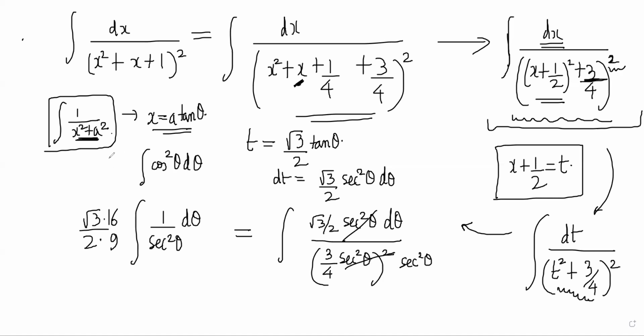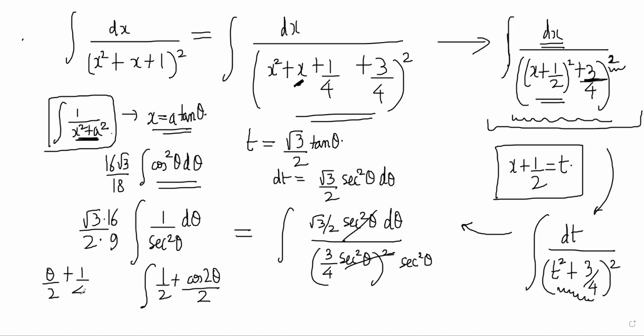So you have basically 16 root 3 by 18 times the integral of cos square theta d theta. Cos square theta can be written as half plus cos 2 theta by 2. And the integral of that is theta by 2 plus 1 by 4 sin 2 theta. Okay, fine.